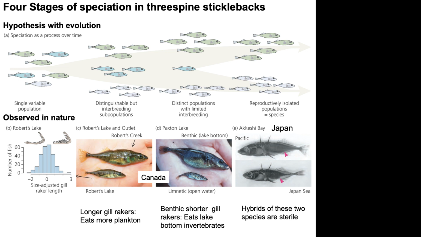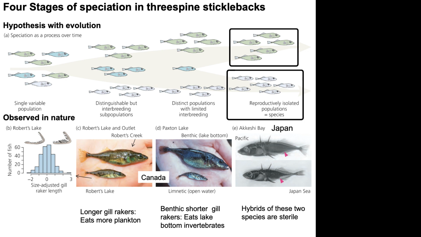So here's one example in fish. The hypothesis with evolution is that you have a single variable population, eventually have distinguishable but interbreeding subpopulations, and then you get these subpopulations further separating with less and less interbreeding, and finally reproductively isolated populations, which equal species.